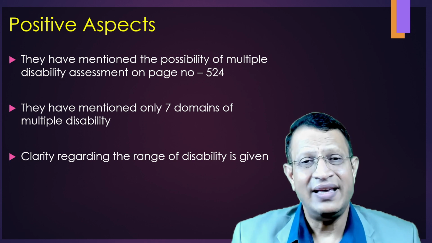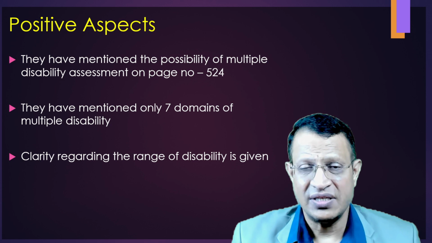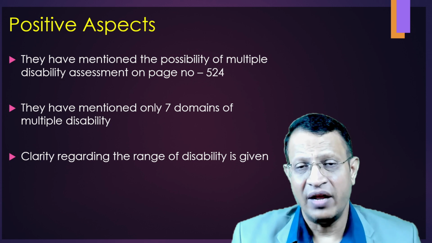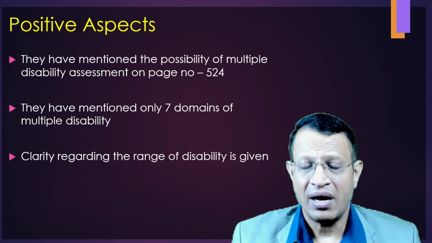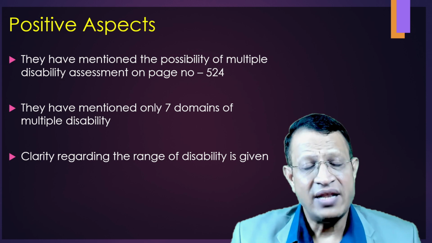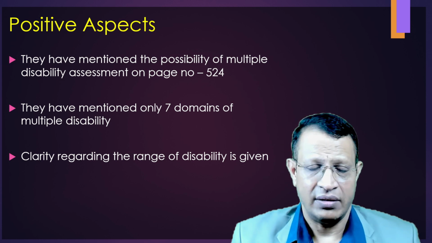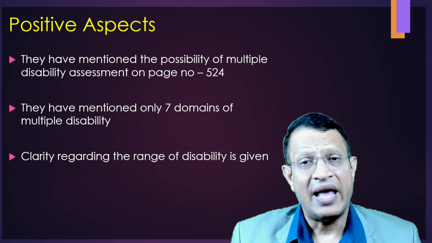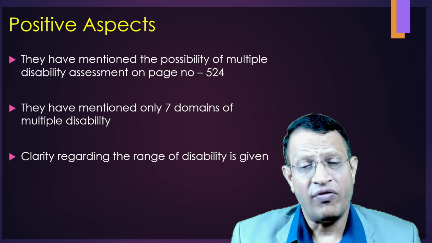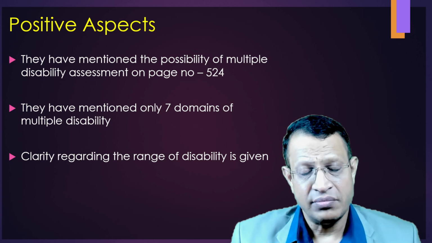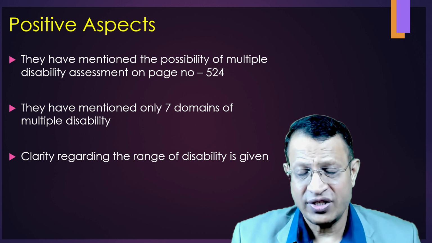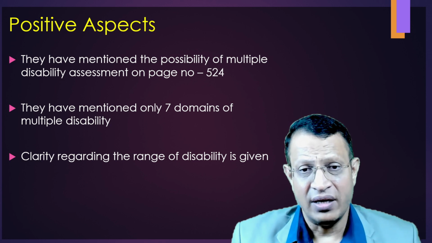Unfortunately, there is some amount of discrepancy between the multiple disability definition of the Act and the Gazette notification. Hence, clarity may be given. Further, clarity is needed regarding the range of disability, especially mental illness, with regard to autism, there is no specific score. In such a scenario, the median number will be considered.